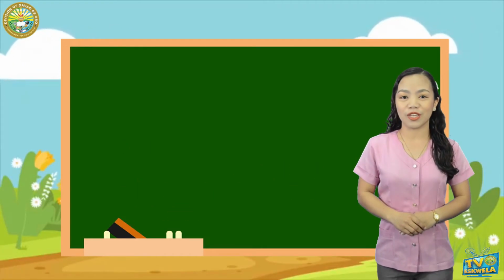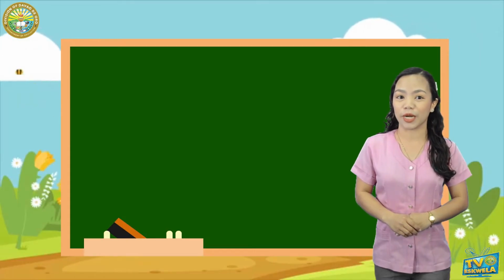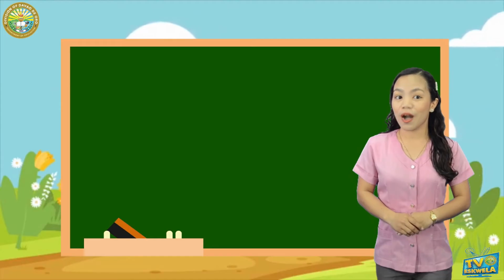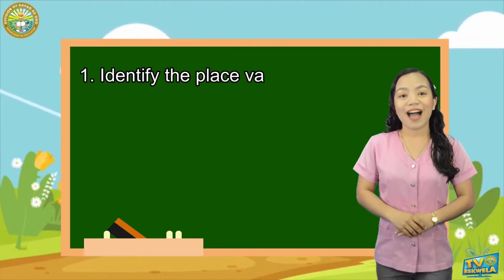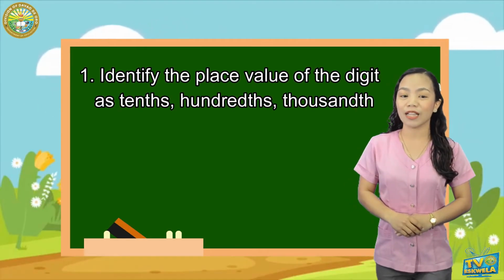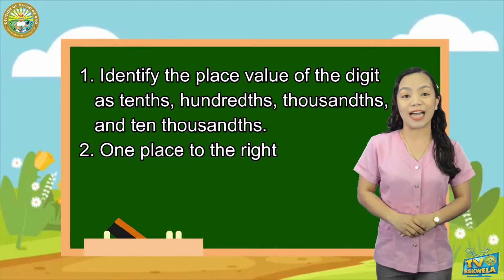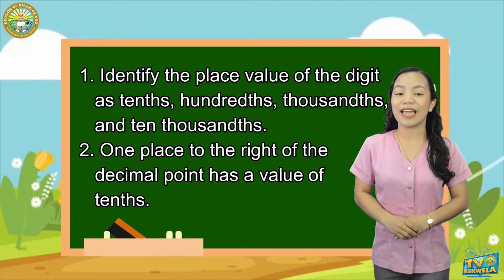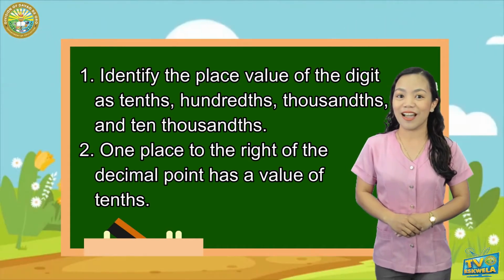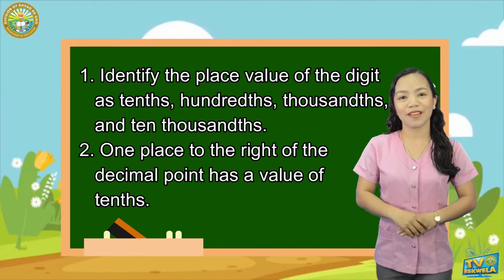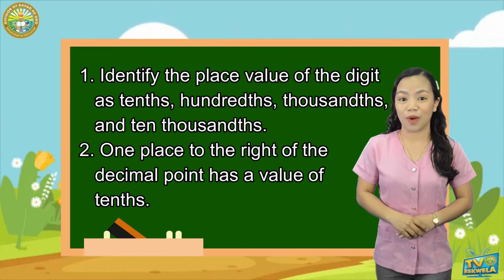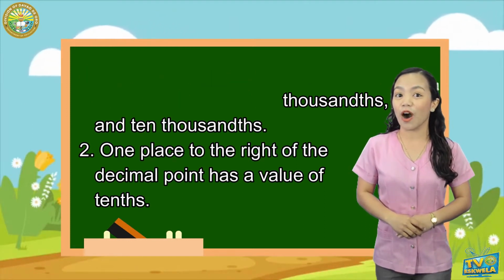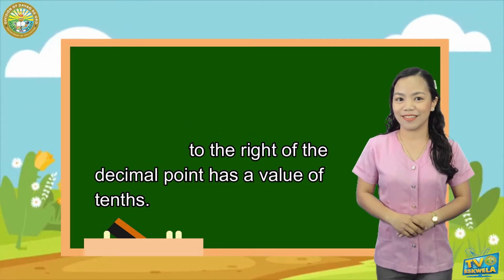In giving the value of a given decimal number through 10 thousandths, you are to: number 1. Identify the place value of the digit as tenths, hundredths, thousandths, and 10 thousandths. Number 2. One place to the right of the decimal point has a value of tenths.